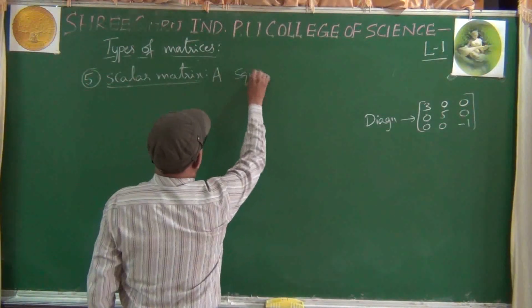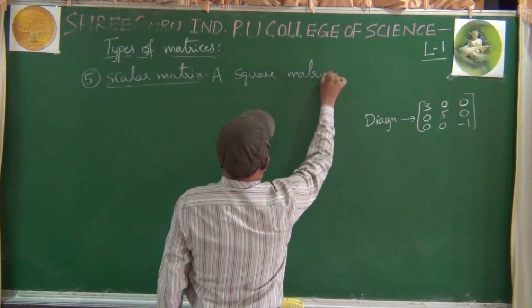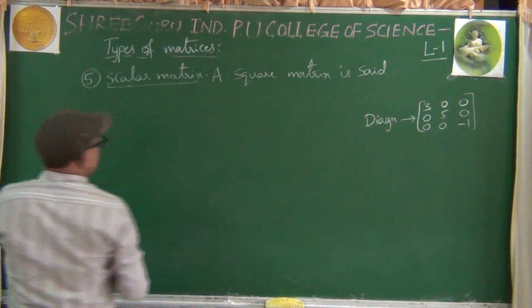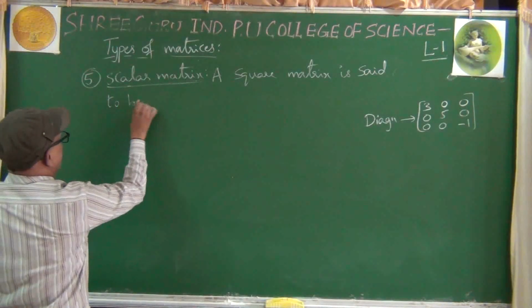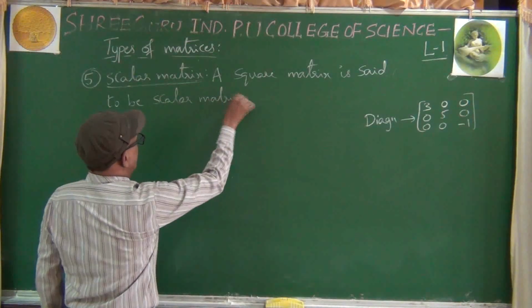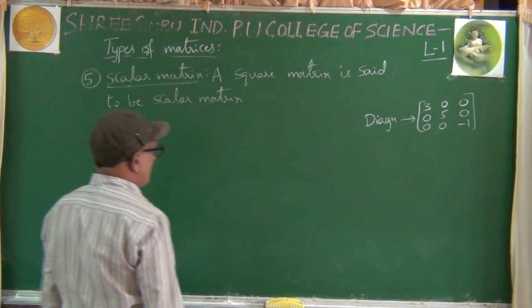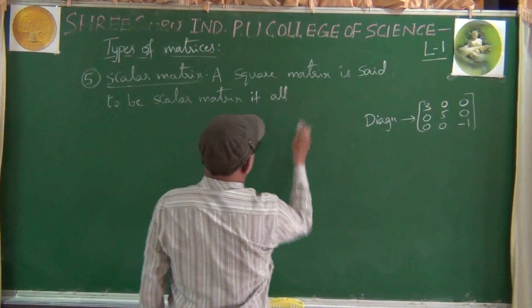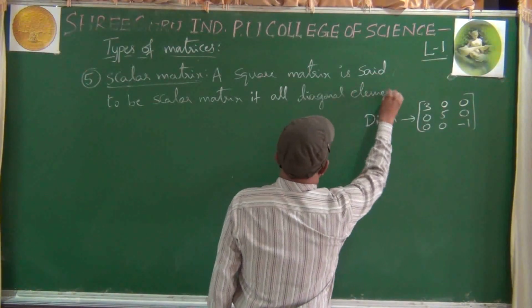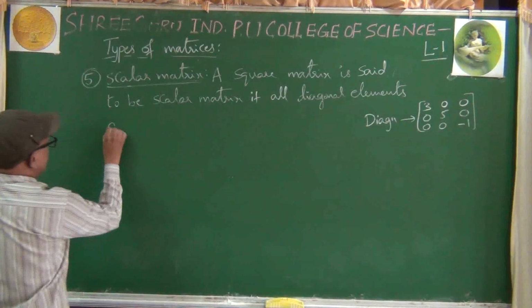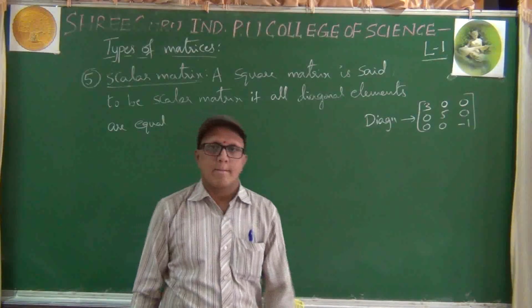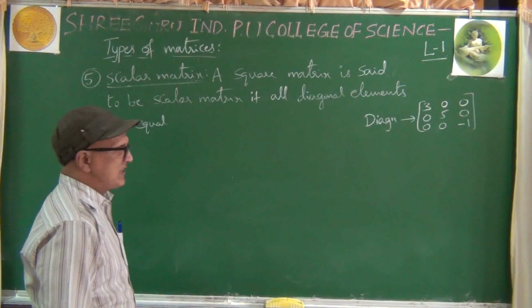A square matrix is said to be a scalar matrix if all diagonal elements are equal.